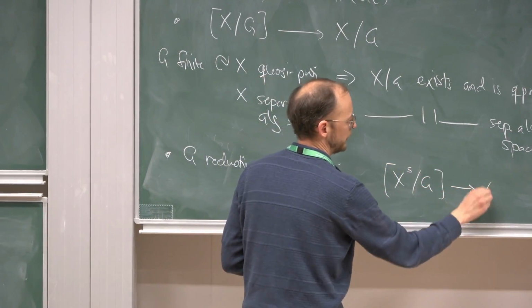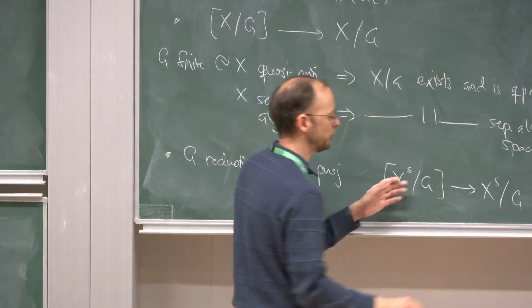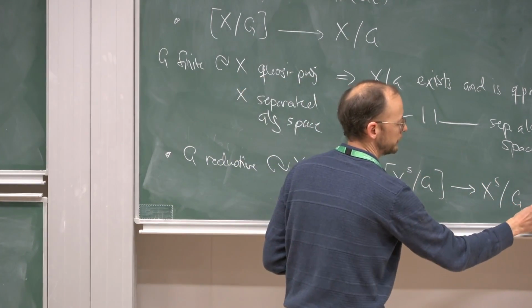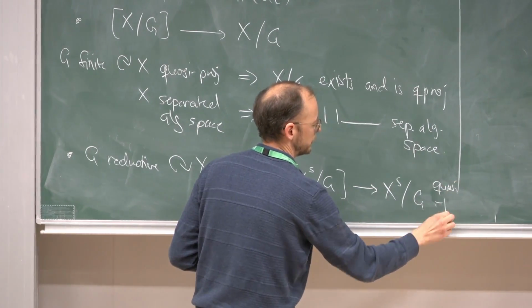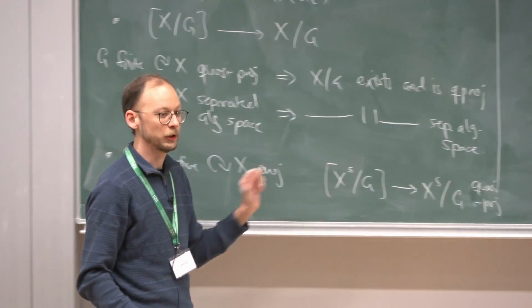Then, as Josh said, there exists a geometric quotient, which is going to be a quasi-projective scheme, and this is also going to be a coarse space.